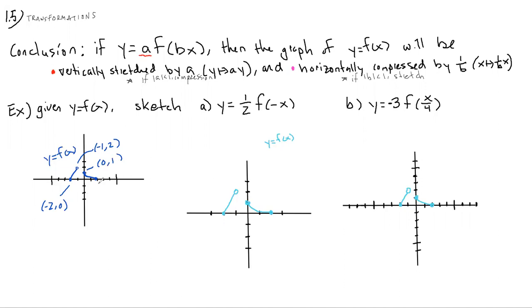So I'm just labeling the rest of the points here. And I've set up on the other two graphs the ghost graph for f of x that we need to push around. And so we're going to do a couple of stretches and compressions on these two graphs, just depending on what the numbers are.